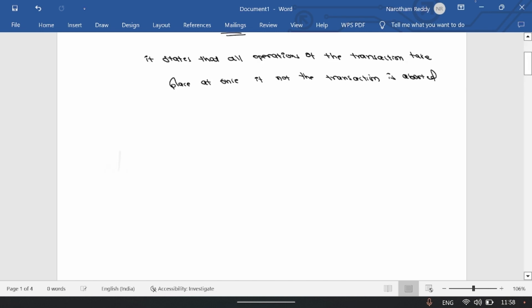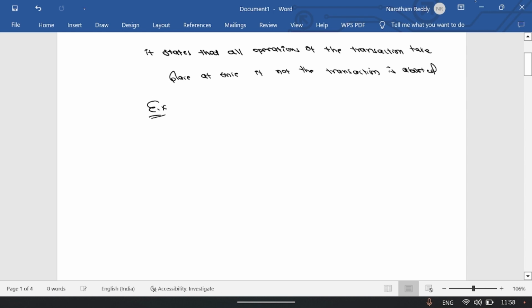Let us consider an example. Let us assume T is a transaction which consists of T1 and T2, where A holds 400 and B holds 300.